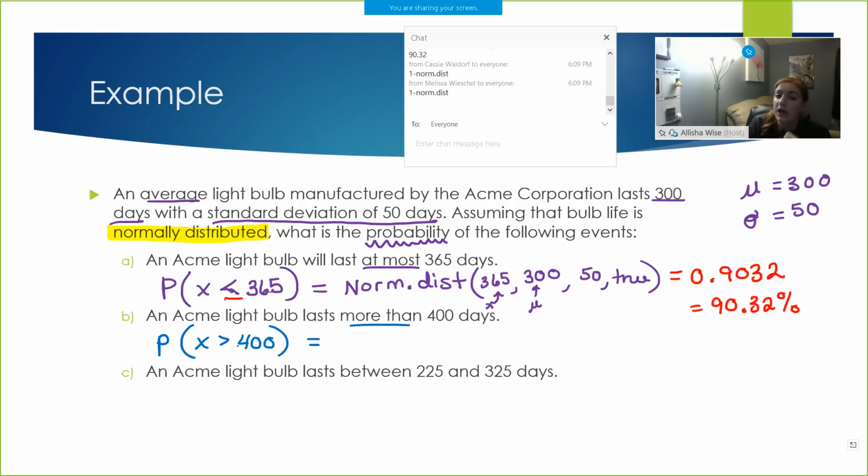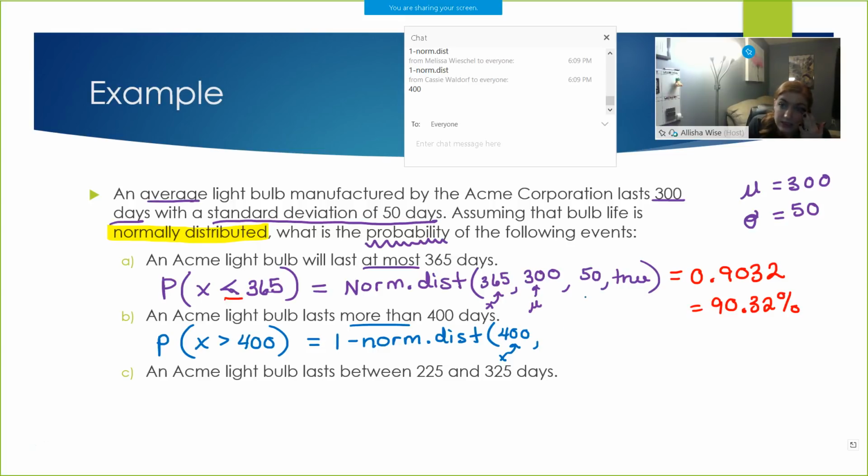When you have a greater than, more than is larger than, you would want to use 1 minus norm.dist. What number would you write first? What's your x value? 400, yeah. Whatever number's in your probability statement.